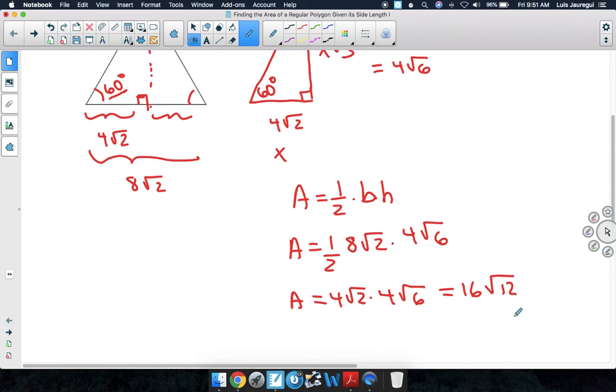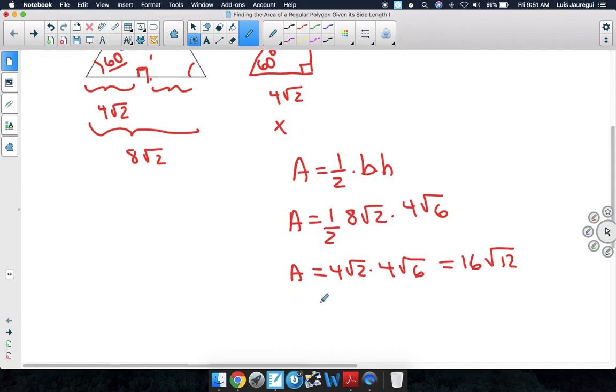Now, let's factor out that square root of 12. We can say that that is equal to 16 square root of 4 times 3 inside the radical, or simply 16 times the square root of 4 times the square root of 3. Notice that the square root of 4 is 2, so we can replace that, and this is 16 times 2 square root of 3.